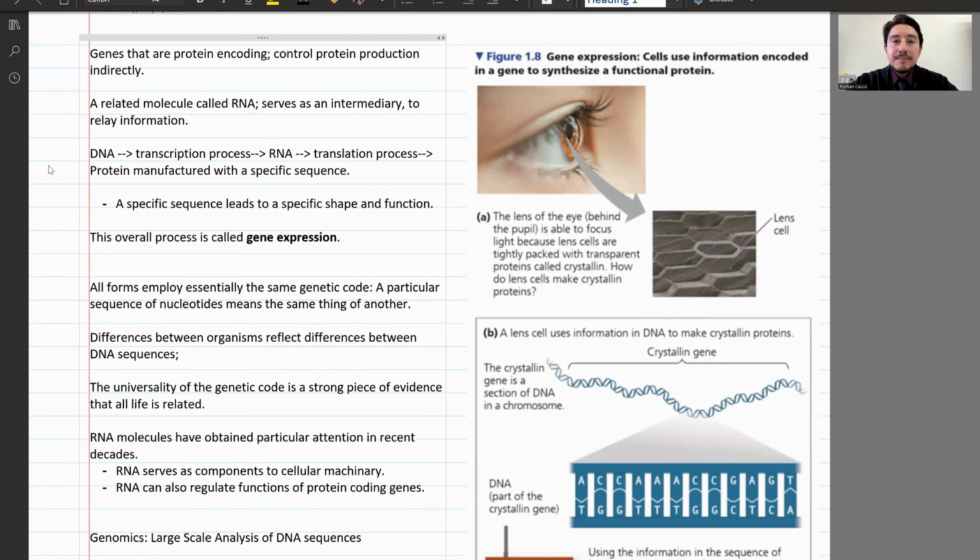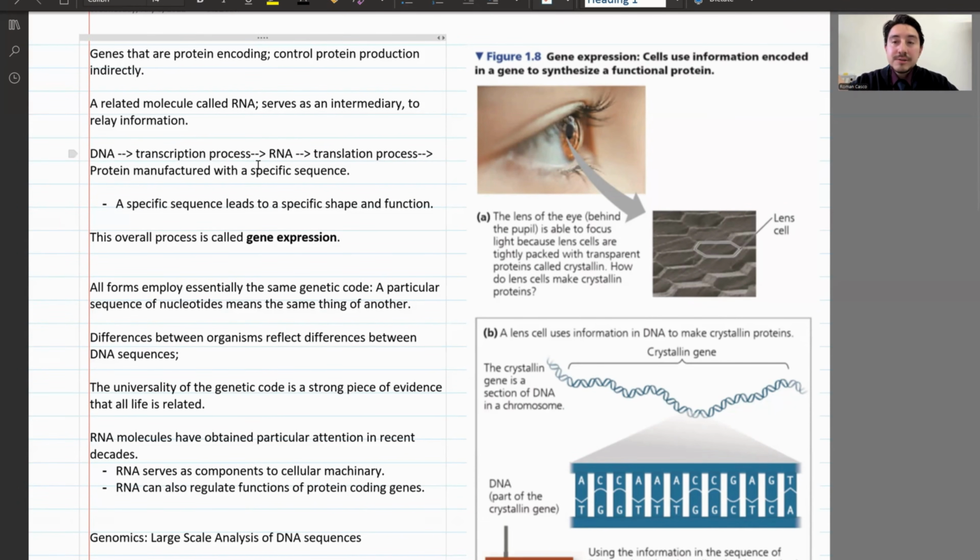Okay. So if you want to produce a protein, you undergo this particular process. From DNA, like we saw the little molecule, you have a process called transcription, which creates a RNA molecule.